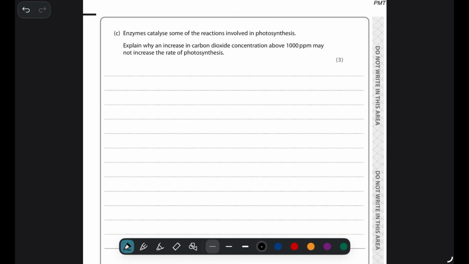So what we'll say is carbon dioxide quite clearly is not the limiting factor. So I'm looking at what might be, probably the enzyme concentration, because we're not talking about changing the concentration of Rubisco, right? So what we can say is all active sites, key terminology, are occupied.